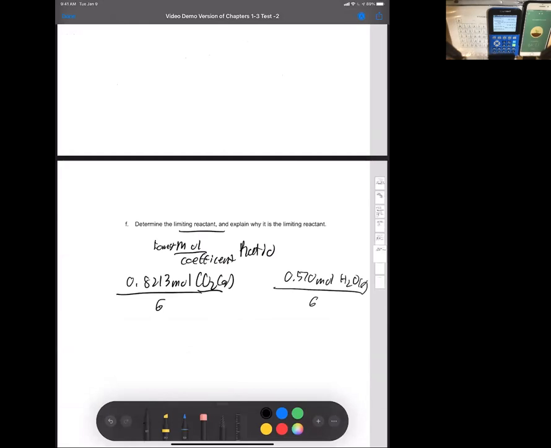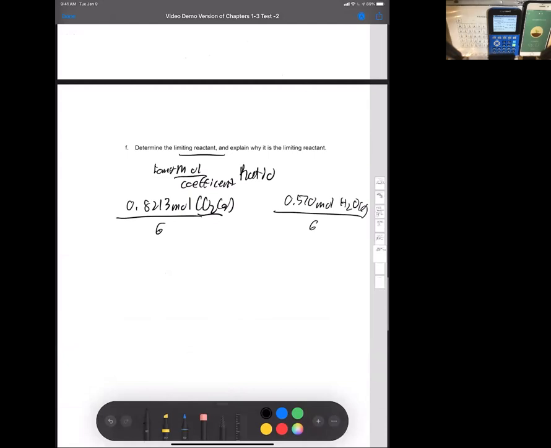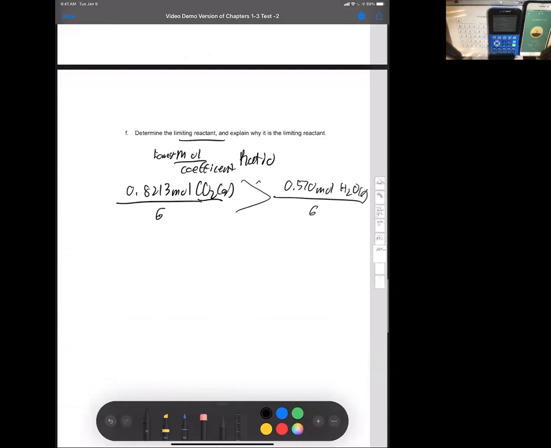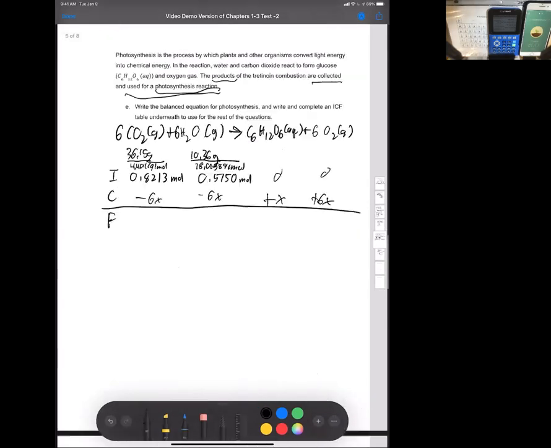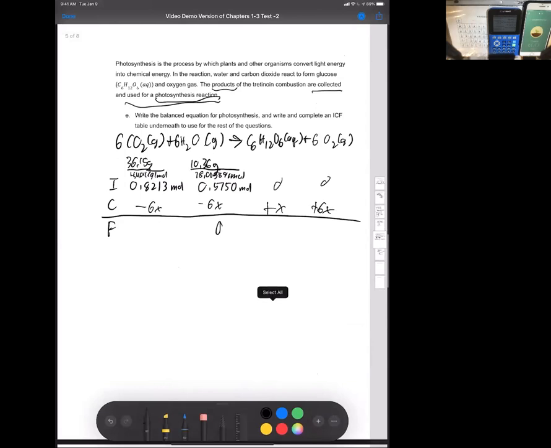Now, let's check it out. 6 and 6. Normally you'd plug this into a calculator, but I can do a mental step. This is going to be less than, because it's 0.5 versus 0.8. And so, therefore, the LR is going to be H2O because it has the lowest mole over coefficient. Because this is the LR, we set this to 0, and then we set up an algebraic expression.